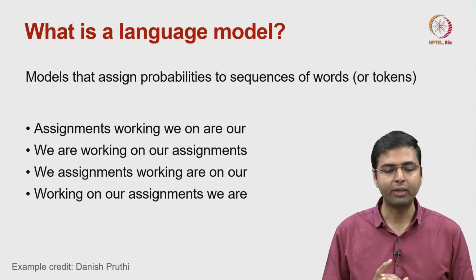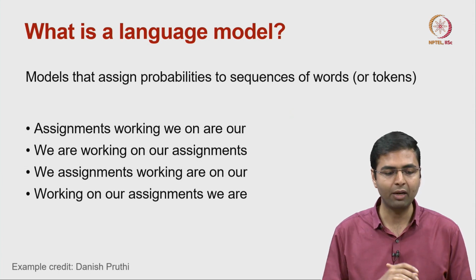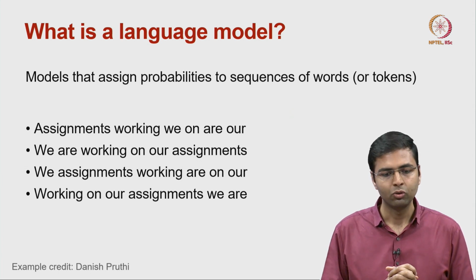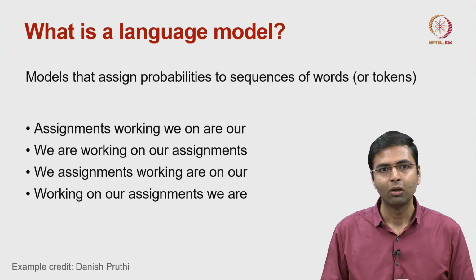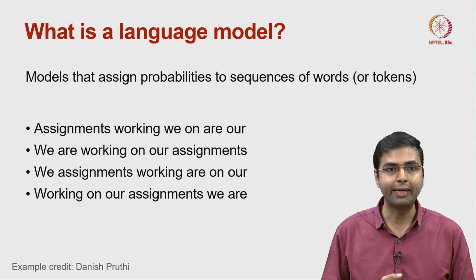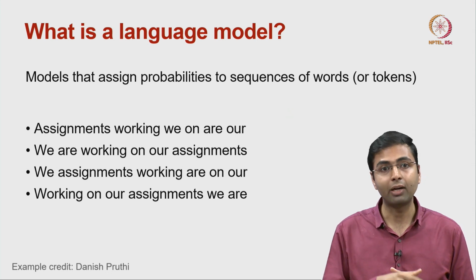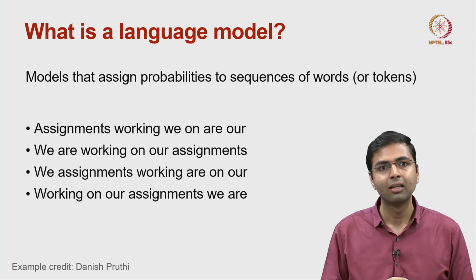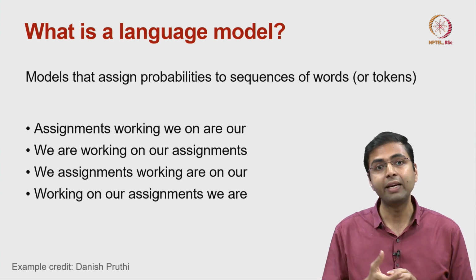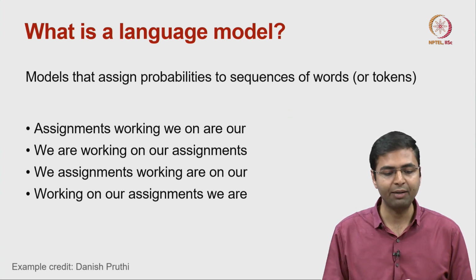Before we answer that question, let us understand a language model. What do we mean by language model at a very high level? A language model assigns a probability to sequences of words or tokens. For example, if you see these 4 sentences in English text, then a language model would be capable of assigning different probabilities or likelihood to each of these sentences based on the observed training data it has seen during the training process.